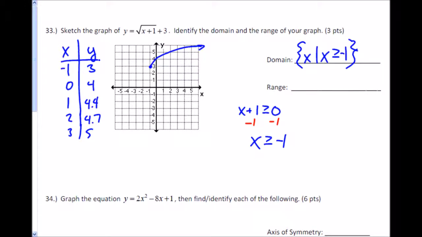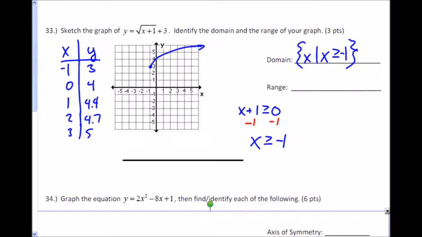All right. And now when we look at this in terms of our range, again, if I go back to using my lines, a vertical line, you can see that my domain starts touching at negative 1 and goes up from there, and that's why it's greater than or equal to negative 1. But for the range, I do the same thing with a horizontal line.